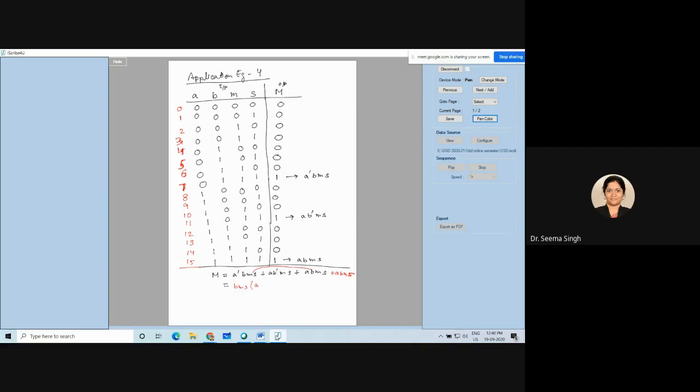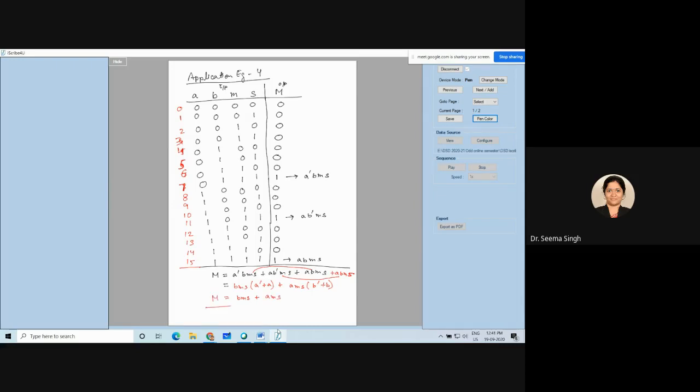BMS I will take common, and the answer will remain A bar plus A. For this one down, what will I take common? I will take AMS as common, and you will get B bar plus B, right? So then you get BMS, A bar plus A gets dropped, and B bar plus B gets dropped, and you get AMS as the answer.